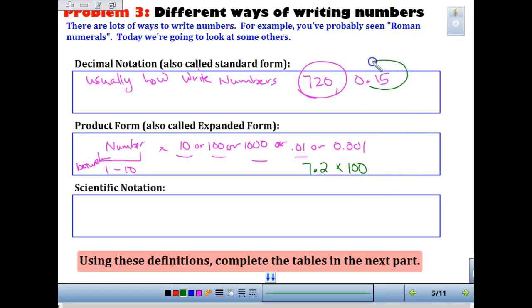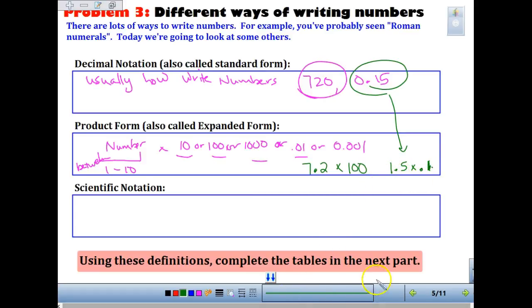If I am writing 0.15 in product form, it would be 1.5 times, how many places am I trying to move my decimal? 1 place to the left, so this is going to be times 10, but it's not going to be 10, it's going to be 0.1, right? Because we're really moving that 0.1.